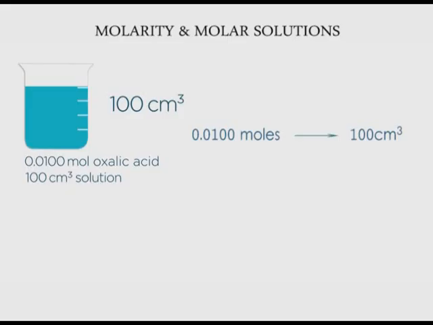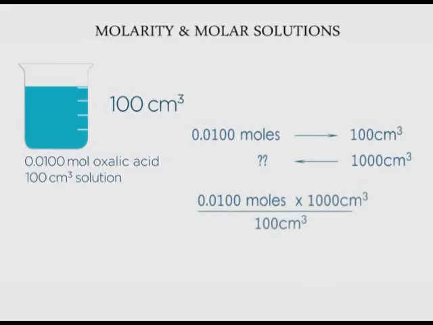How many moles will be in 1,000 cubic centimeters of the same solution? We have 0.0100 moles times 1,000 cubic centimeters over 100 cubic centimeters. The cubic centimeters cancel out and we remain with 0.100 moles. And because these moles are contained in 1,000 cubic centimeters, this is the same as 0.1 molar.